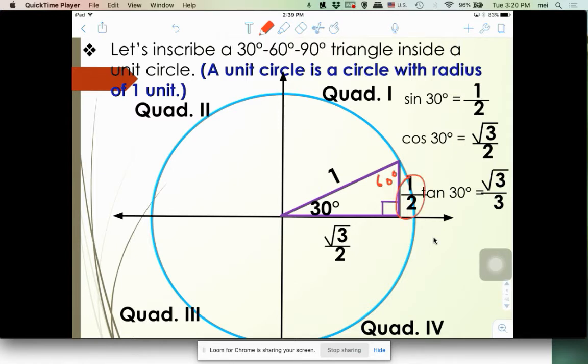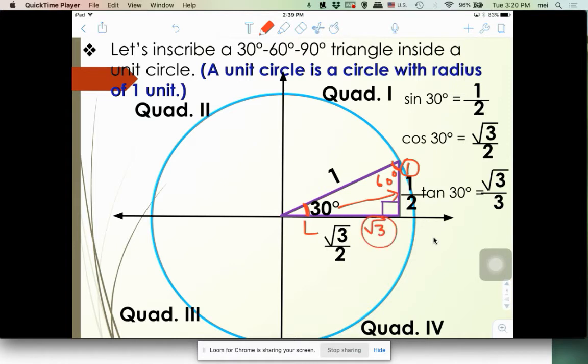So let's work on the 30-degree. Sine is opposite over hypotenuse. Let me go back and label the sides of the triangle. In the most basic type, the shortest side is opposite of 30 degrees, and we're just going to give it the length of 1. The longest side is the hypotenuse, and its length is going to be twice as long.